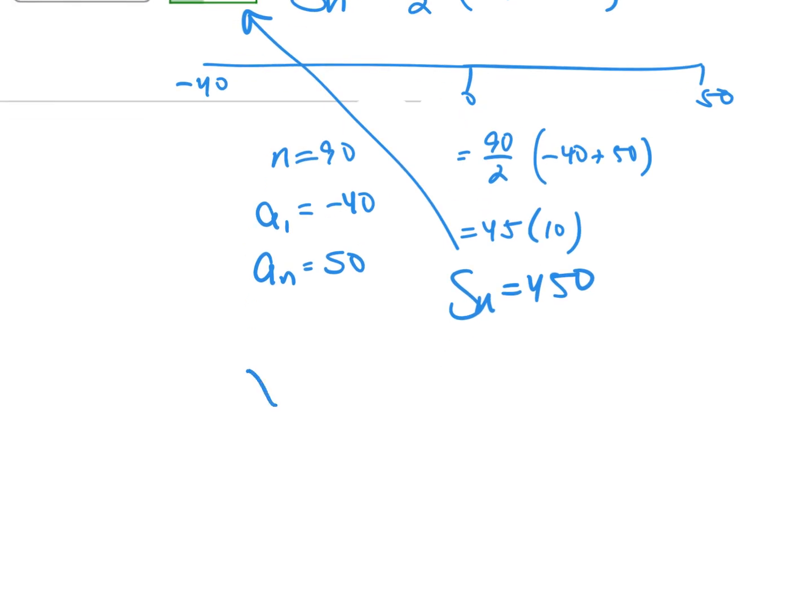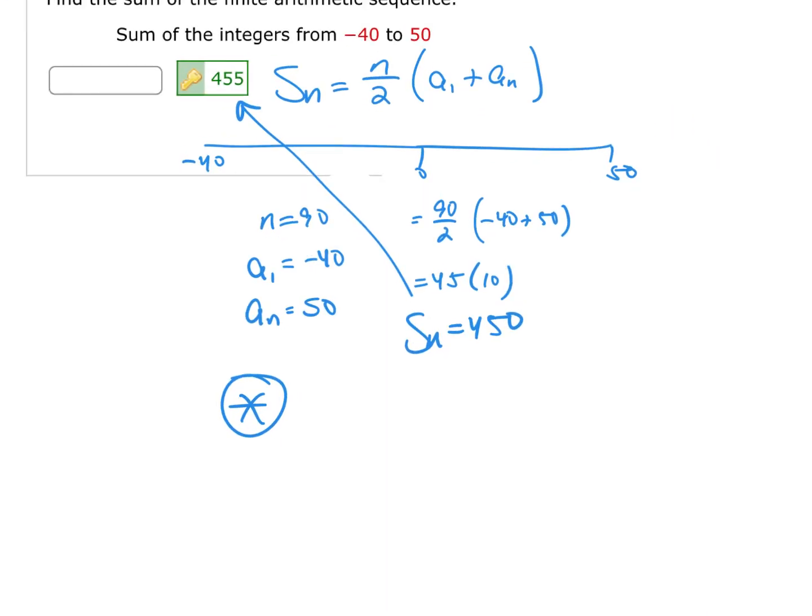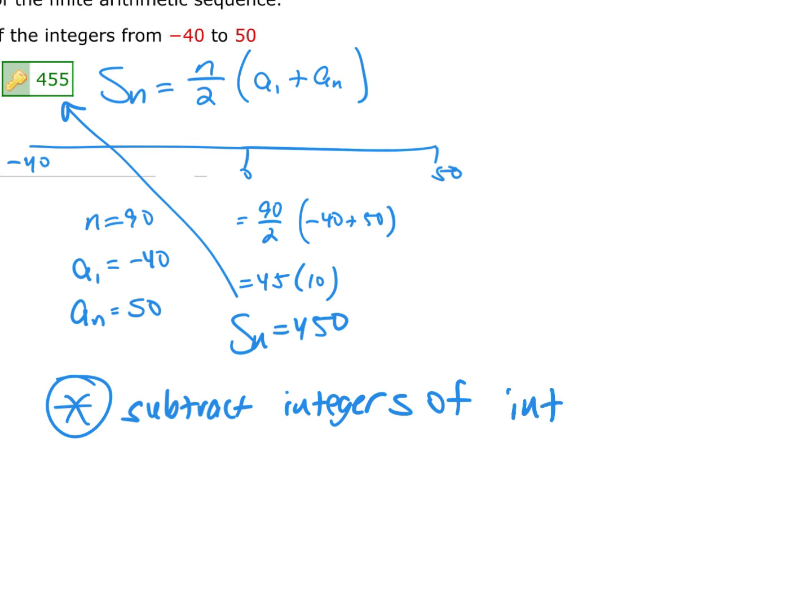The way that you think about it, remember this, right? Write this down. You subtract integers of interest, we'll say. Integers of interest, I-N-T-E-R-E-S-T. Integers of interest just means, what are my two integers of interest that they're talking about? Negative 40 and positive 50, right?